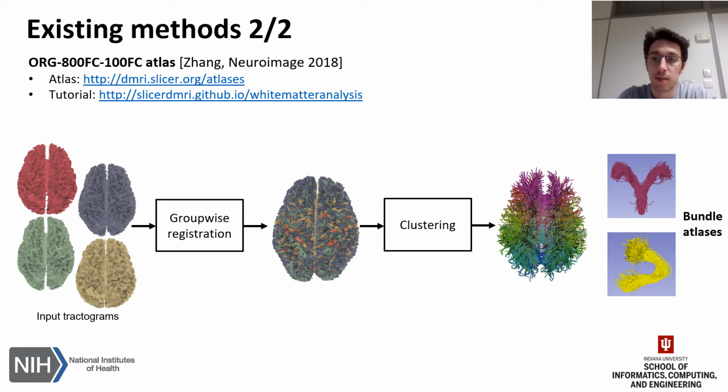So instead of segmenting the bundles specifically, they developed a clustering algorithm that clusters the streamlines across subjects, trying to preserve or cluster together those structures that are more present in the population. So that algorithm goes from having a full tractogram or a set of tractograms overlapping to specific bundles or similar structures that are consistent across many subjects. As with the previous approach, the atlas is available online and might be accessible from the original source.